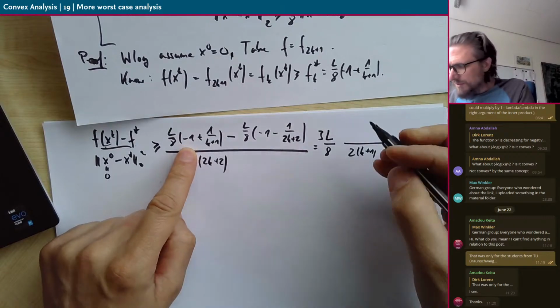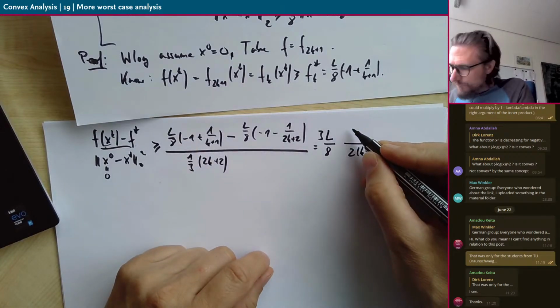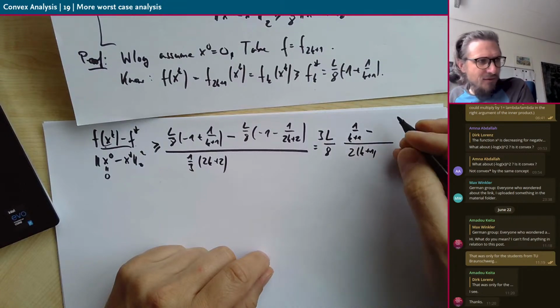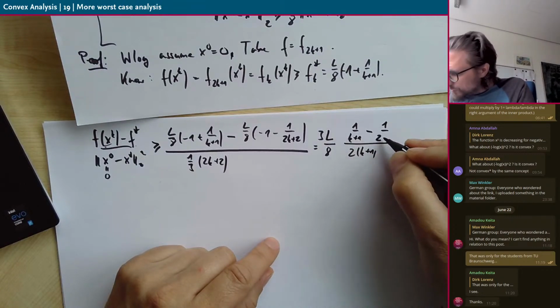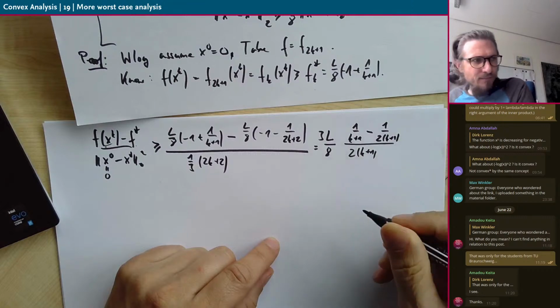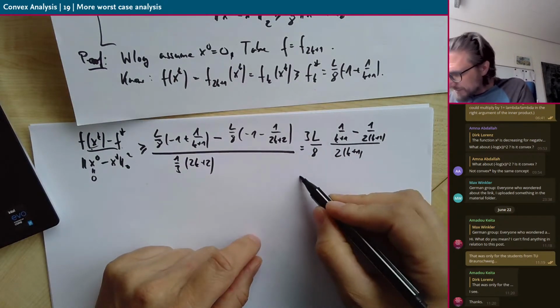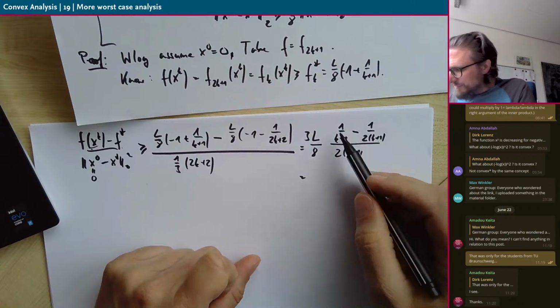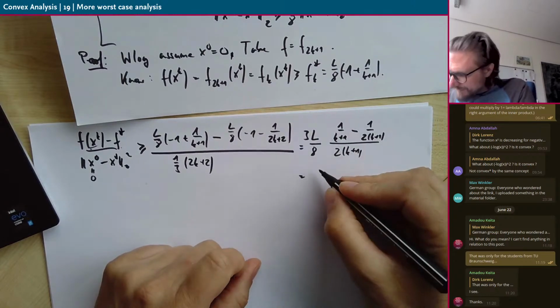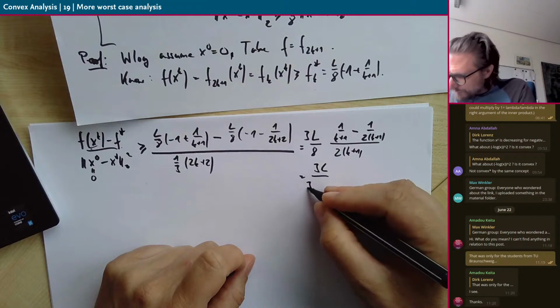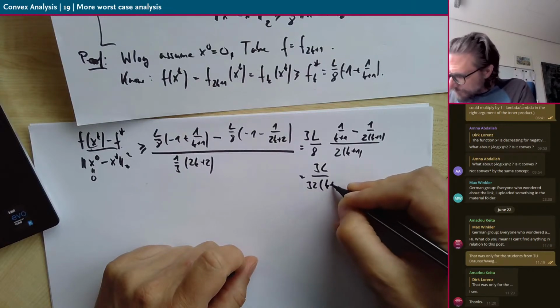They cancel out, so we are left with 1 over k plus 1 minus 1 over 2k plus 1. And if you calculate what comes out here, just a little bit of algebra, it gives 3 times L over 32 times (k plus 1) squared.